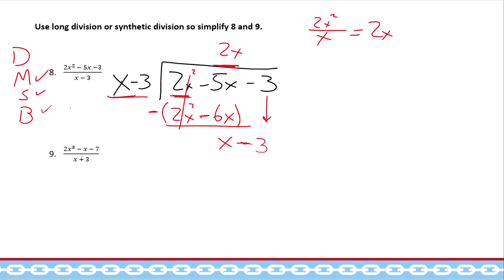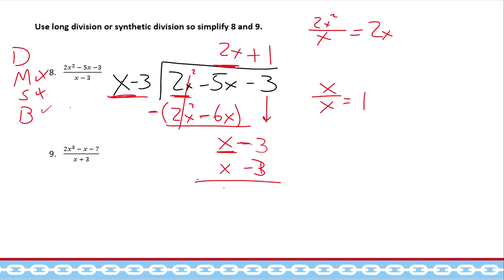So now I am going to divide right here, x divided by x. And that would be equal to 1. It's a positive 1, so I'm going to write down plus 1. And I am ready to multiply again. x times 1 is x. Negative 3 times 1 is negative 3. And I am now ready to subtract.